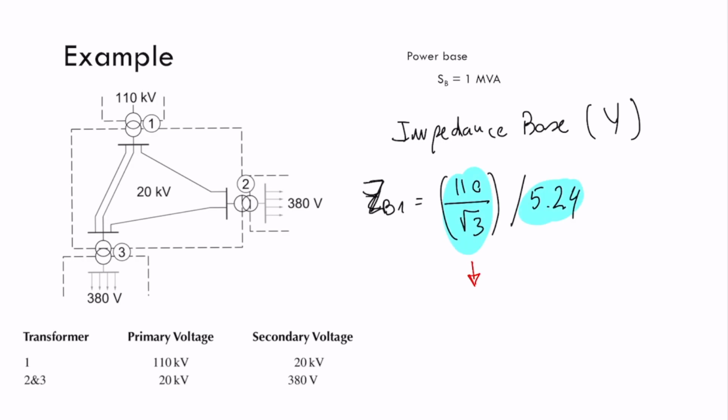This is the base of 1, but instead of being given line to line, it is given by phase, because I'm just using the reference for the Y configuration. This is the current also by phase. Well, we can work similarly for the second one and the third one. Finally, note that we have used kilovolts here and amperes. I haven't given you a value, but this is 12.1 kilo ohms.